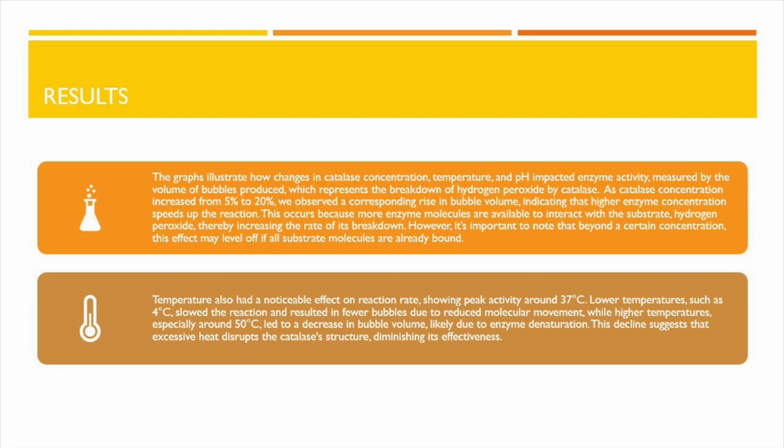Temperature also affected the reaction rate, peaking around 37 degrees Celsius. Lower temperatures slowed the reaction, while higher temperatures, especially around 50 degrees Celsius, led to a decrease in bubble volume due to enzyme denaturation. Excessive heat disrupts the catalase structure, diminishing its effectiveness.